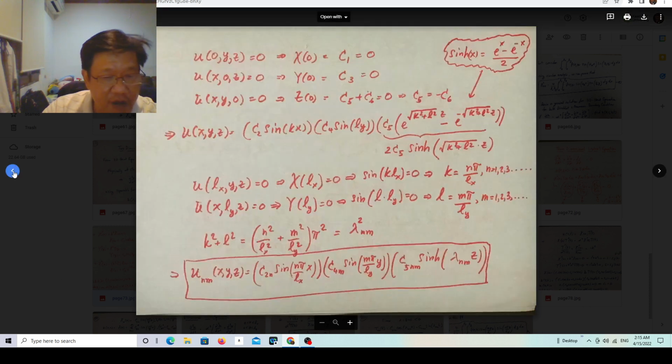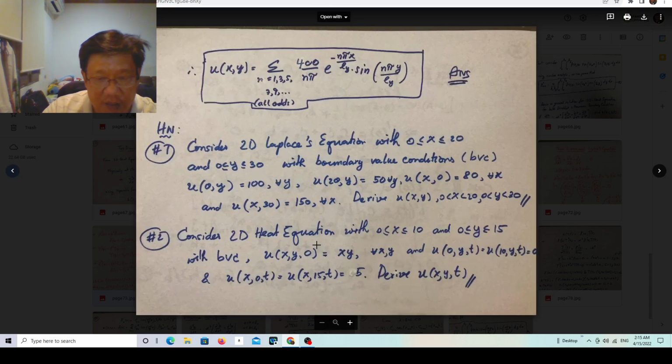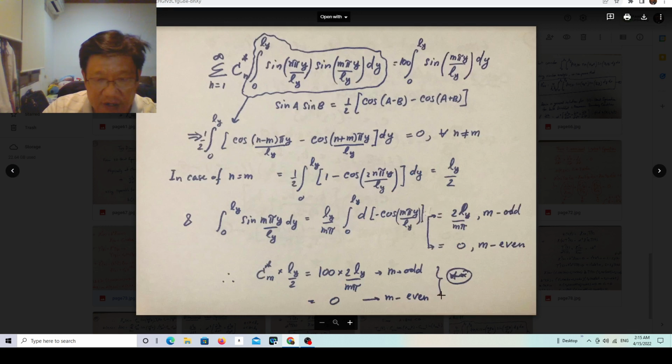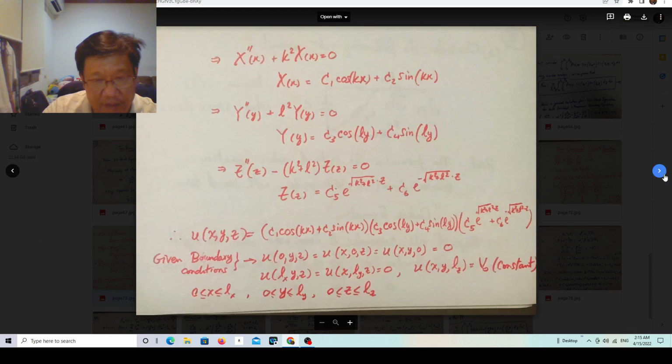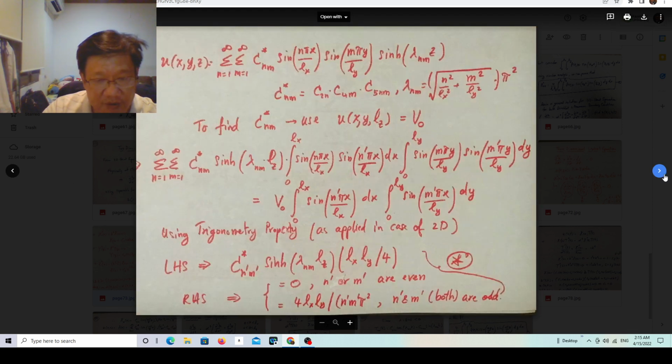Because remember that for two dimensions, we get this condition, a non-zero left-hand side only when m is odd and not when m is even. I think it happens similarly here. We're not going to show you, but it just continues in the same spirit. When either n pi or m pi is even, it's all zero.